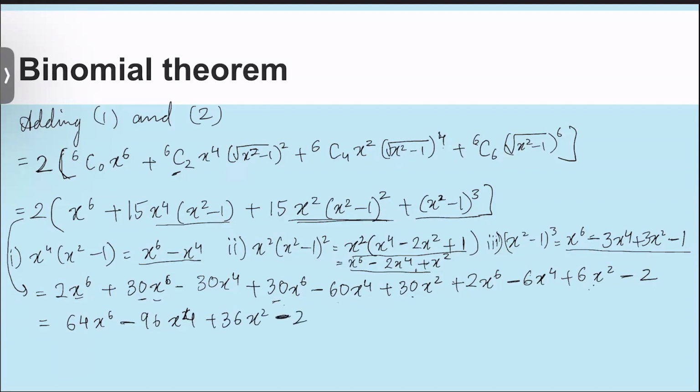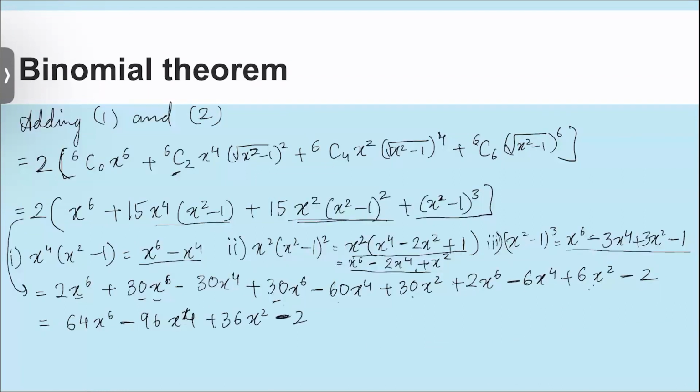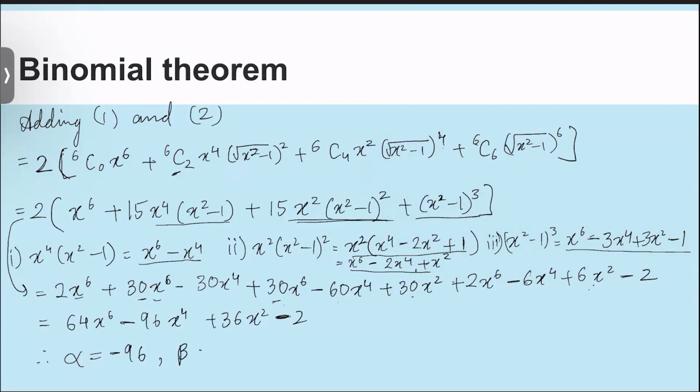Okay, now in the question we had asked that alpha is the coefficient of x raised to 4 and beta is the coefficient of x squared. So therefore your alpha is equal to minus 96 and beta is for x squared, the coefficient of x squared, so that is 36.